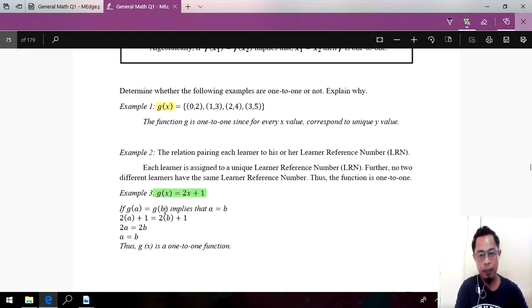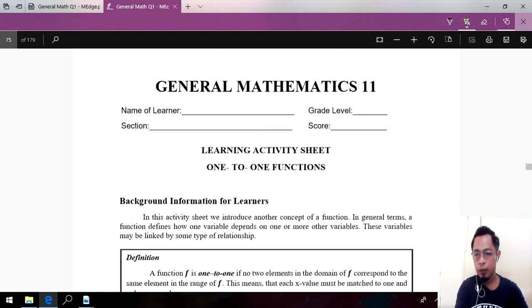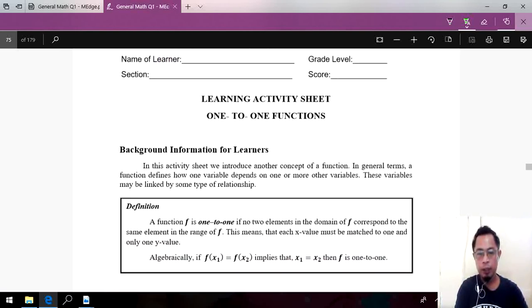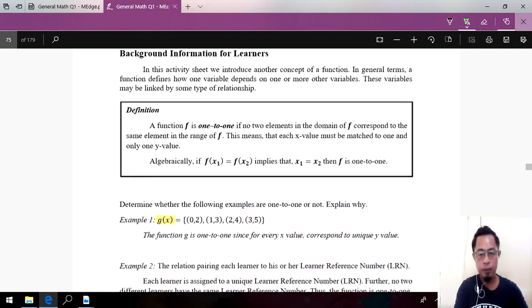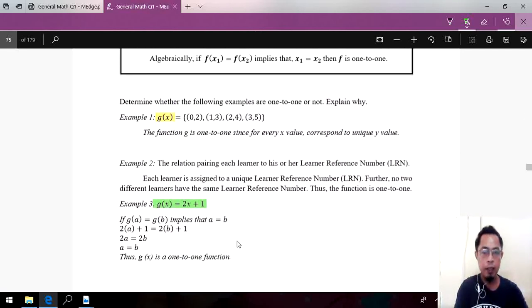And that implies, based on the definition, balikan natin yung definition, that your x sub 1 is equal to x sub 2. So, pinalitan lang natin yung variable. In the presentation here, yung ginamit nating variable ay si a at saka si b. So it implies that your a is equal to b.